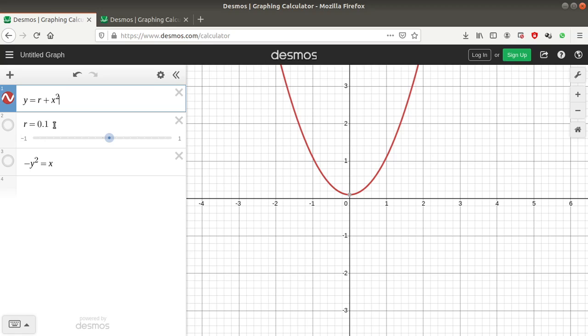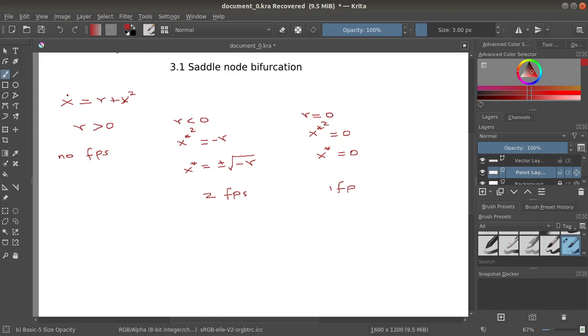This sort of behavior, where two fixed points, one stable and another unstable, come together, collide, and then disappear, this bifurcation character is known as saddle node bifurcation. Okay, so that's an example of saddle node bifurcation.